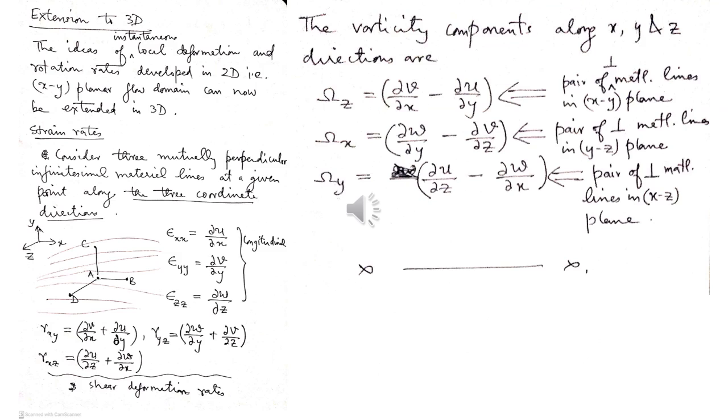So, to conclude the third lecture, I shift my attention to my last learning objective, which is directly extending the ideas of local deformation and rotation rates to 3-dimensional flow fields. Because the physical conception is already there from the 2-dimensional flow field analysis for local deformation rates and rotation rates, it's not very difficult to directly extend it to 3D.